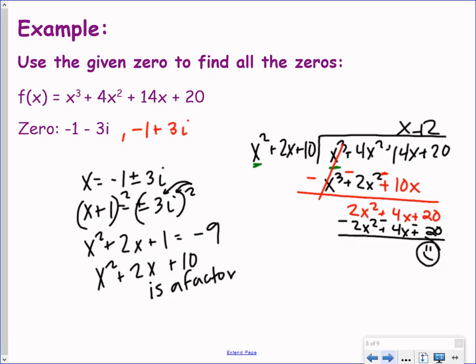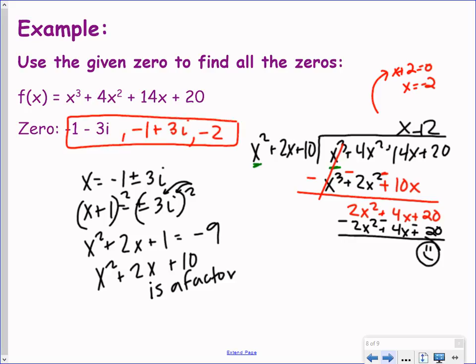And this is your missing linear factor that would get you that cubic polynomial. What is the 0 that comes with that? Negative 2. If you set x plus 2 equal to 0, then you get x equals negative 2. So when it says find all the zeros, you know the conjugate, and you know negative 2. So you have all the zeros there.